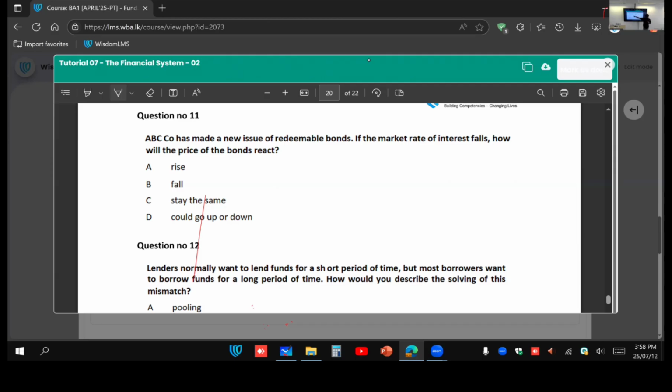So demand for the bonds will increase. Since these are redeemable, when you are trading these in the secondary market, when the demand increases for bonds, the price for bonds will increase.